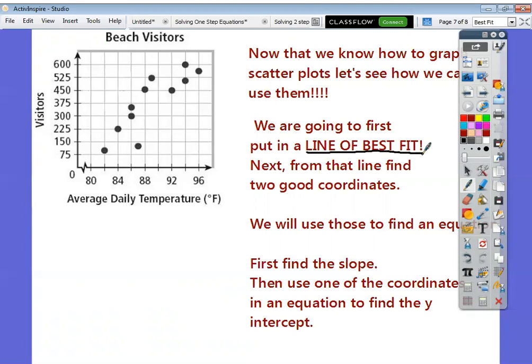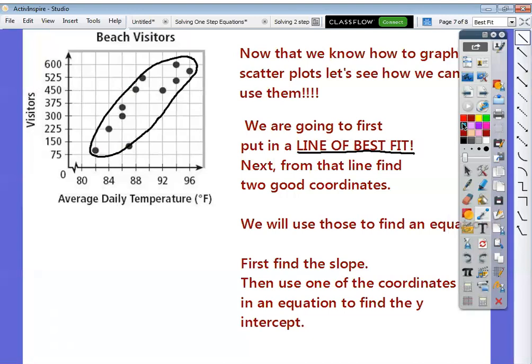So to do that, I'm going to go back, and if you look, it basically goes in that area, right? So I'm going to try to get my line to go right through that. Okay, so there's my line.